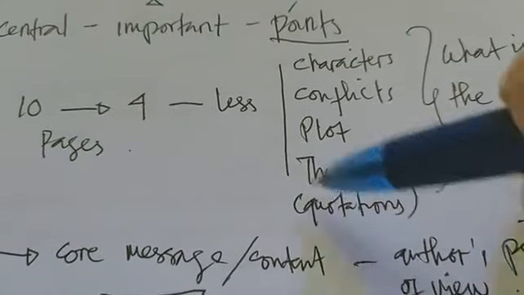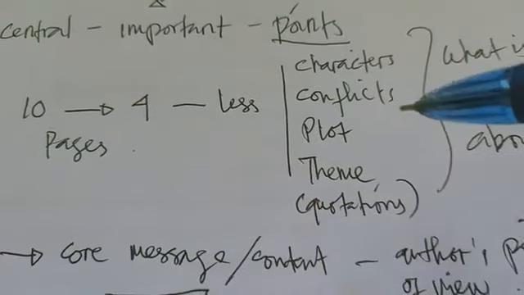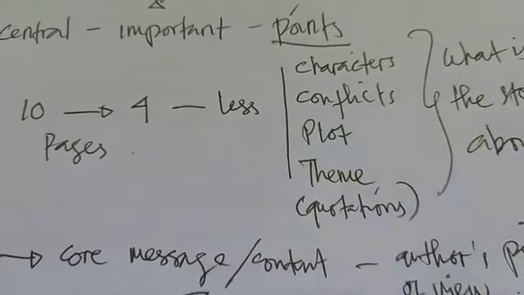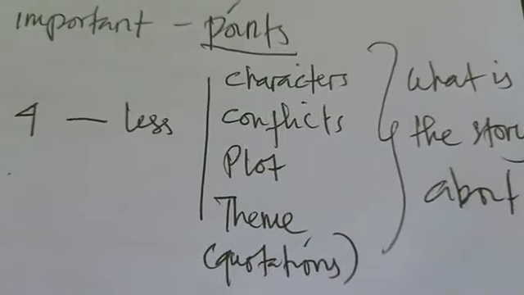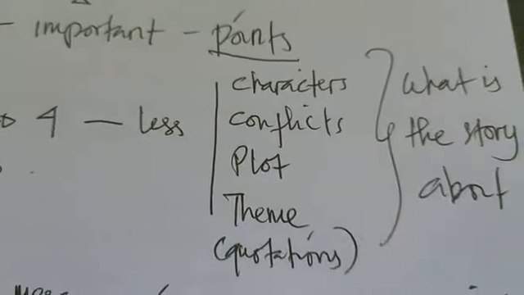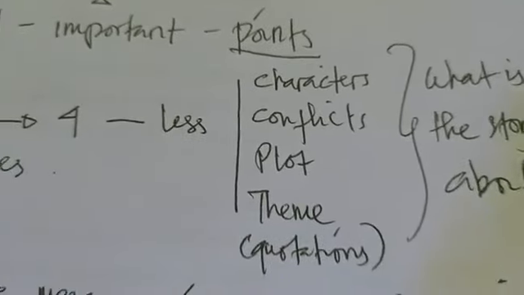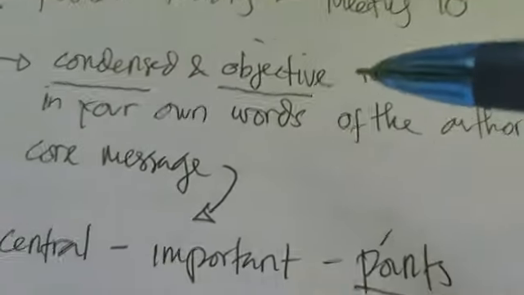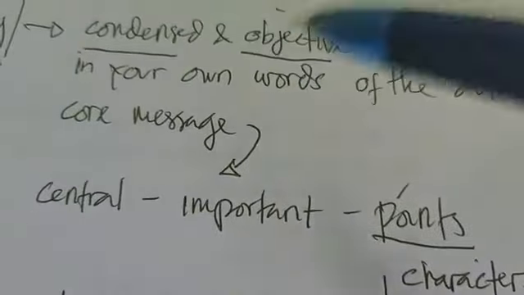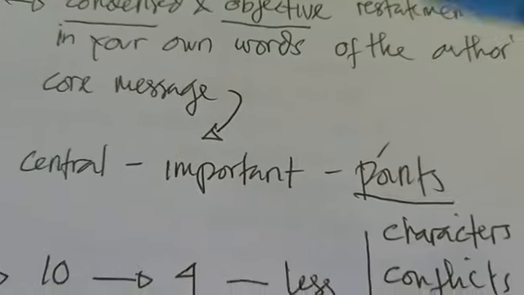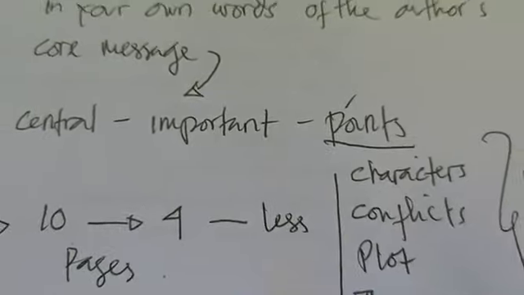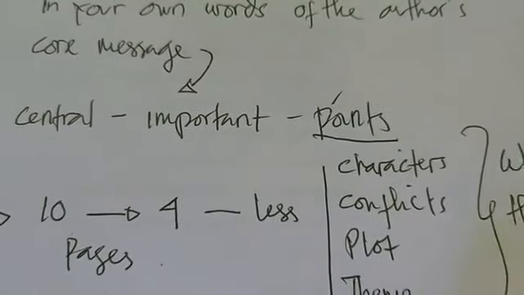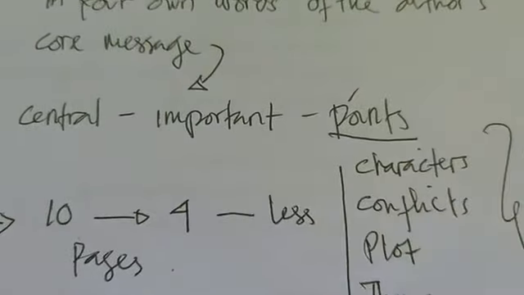And to make it clear, you sometimes add quotations, because this shows what the story is about. So the summary is objective and condensed without any change. By without any change, I mean you don't add your own ideas or words. All things are just taken from the real text.